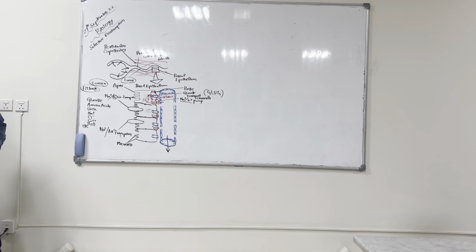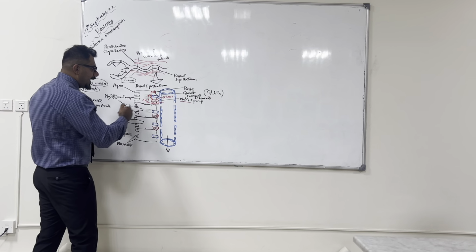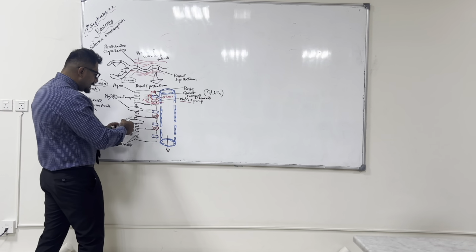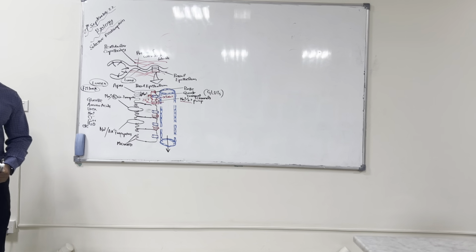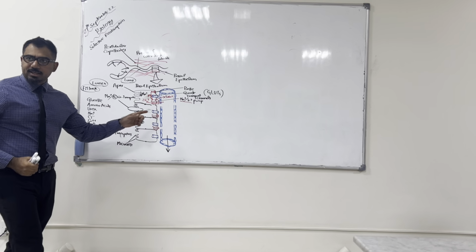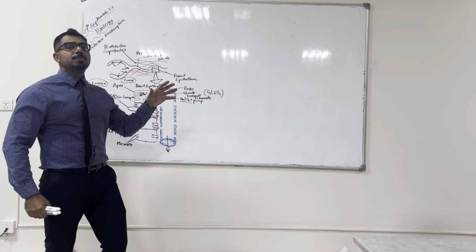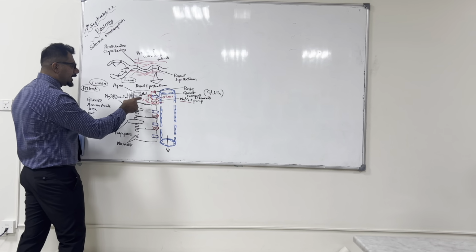Right? Now, because of that, as the sodium is being pumped out of the basal epithelium, the sodium ion concentration will decrease. It is an active transport, right? From lower concentration to higher concentration, sodium is being pumped. Because of that, the sodium ion concentration will decrease where?